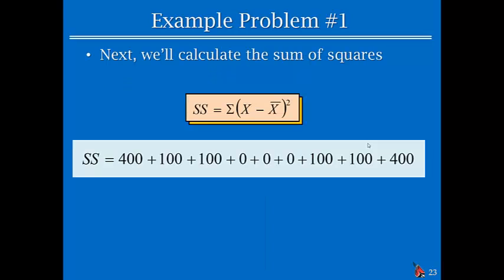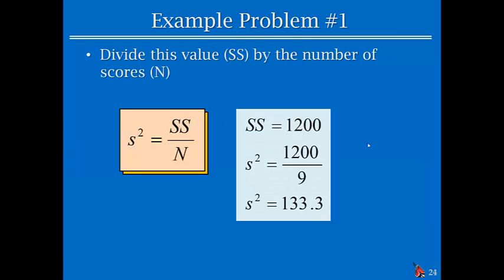Once we have all of our squared deviation scores, we can calculate the sum of squares. This is the formula again for a sum of squares. And as you can see, all you have to do is add each squared deviation together. Once we've summed all of our squared deviations, in this example, the answer is 1200, we can divide our sum of squares by n.